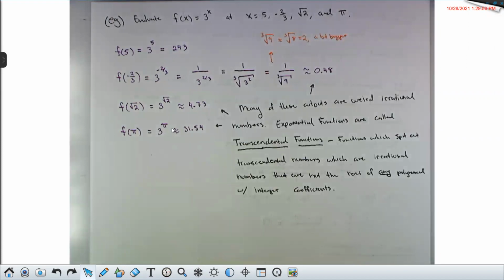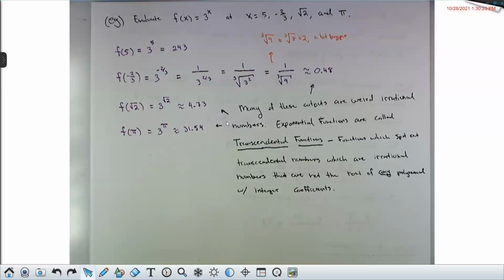Okay, so exponentials are transcendental functions. Transcendental functions are very special for a number of reasons. They often can be defined through calculus operations, which means they're nice with respect to calculus operations usually. Also, they spit out these special numbers called transcendental numbers. 3 to the root 2, transcendental. 3 to the pi, definitely transcendental. 3 to the negative 2/3, this is an algebraic irrational, but I won't prove that for you here.